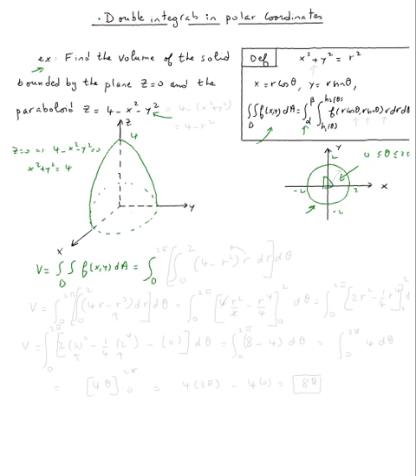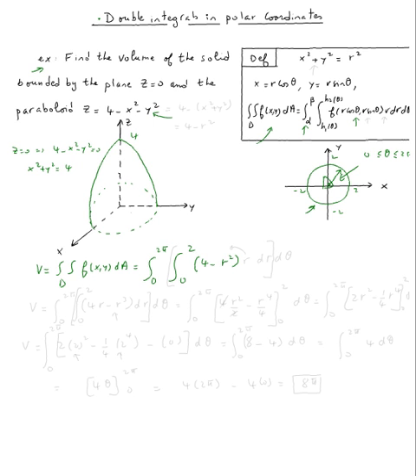Alright, so 0 to 2 pi, and the radius has to go from 0 to 2, and our function is 4 minus x squared minus y squared, or let me rewrite it, x squared plus y squared, which is just r squared.